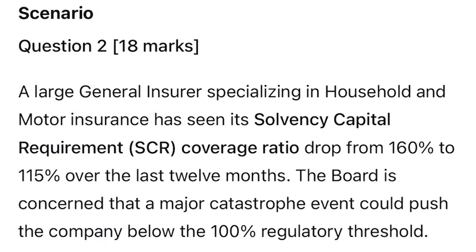8 marks. The standard formula is a factor-based approach designed for an average risk profile. Moving to an internal model offers several advantages. Risk sensitivity. For a specialized insurer, an internal model more accurately reflects its unique risk profile, e.g., specific geographical concentrations in household insurance, potentially leading to a lower and more efficient SCR. Strategic integration.